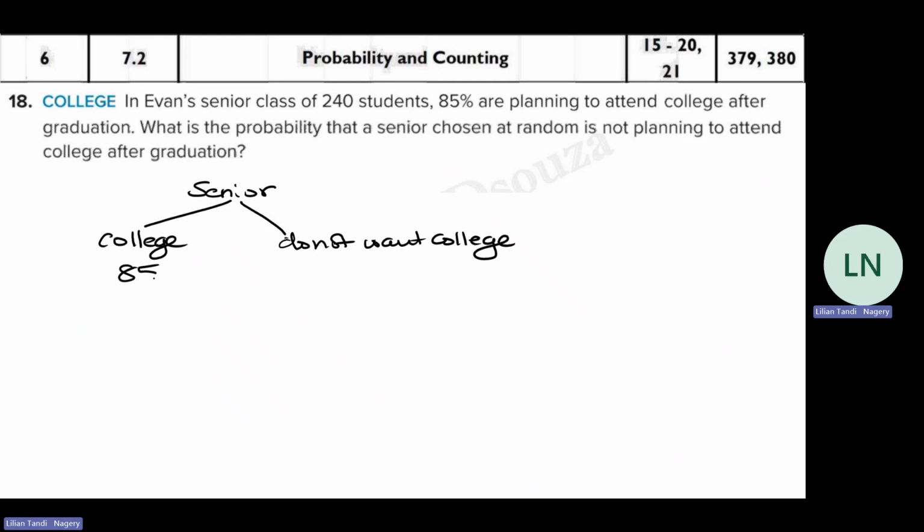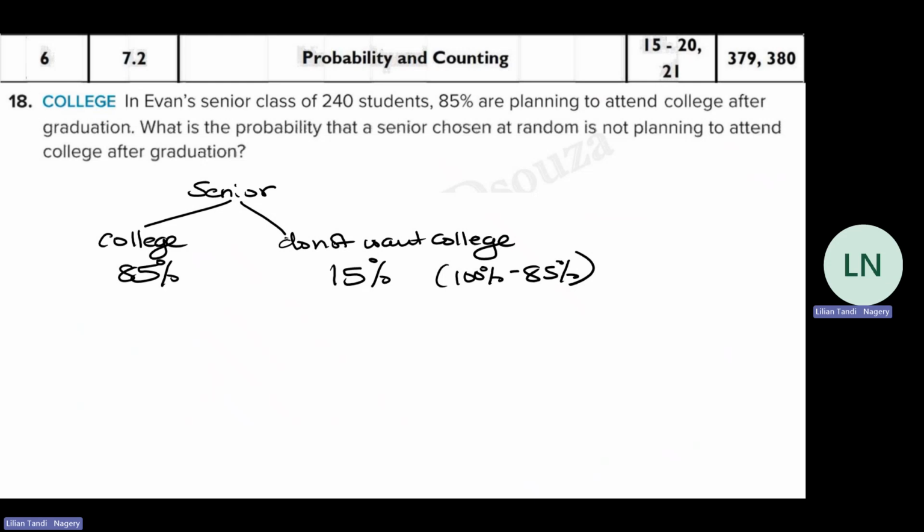So 85% of them want to go to college. 15% don't want to go to college. How did I get 15? I did 100% minus 85%. Okay? Now, what's the question?